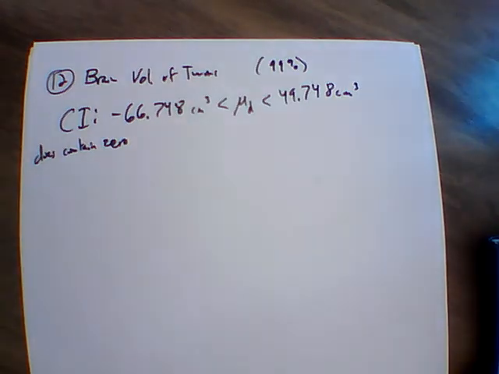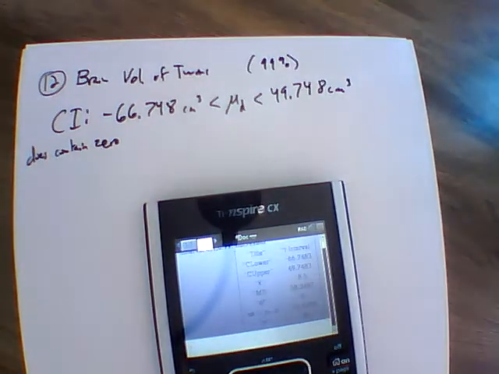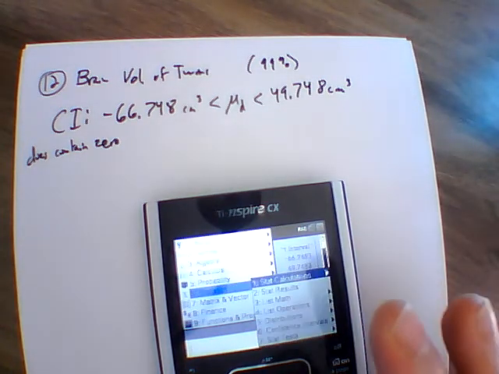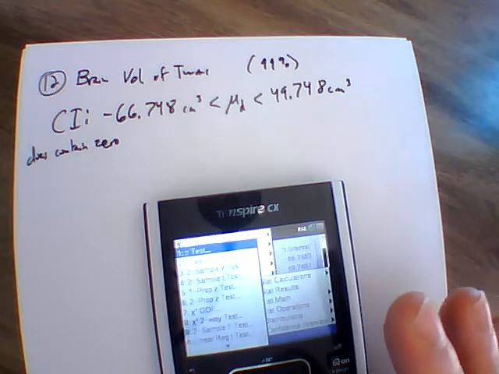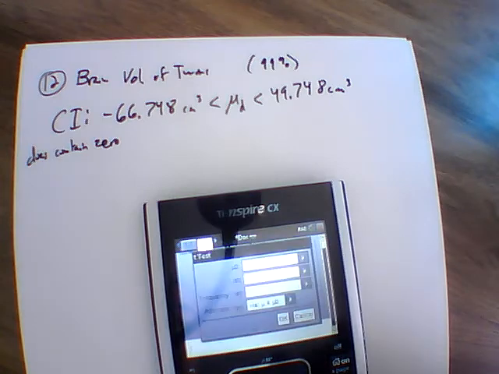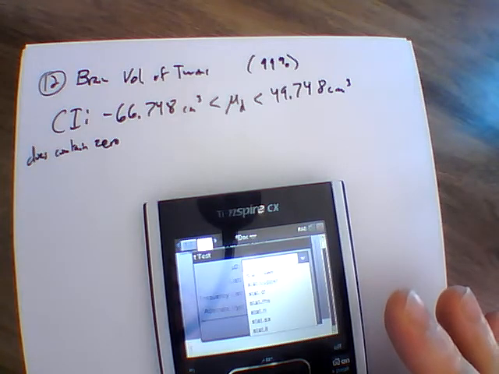Now, I'm just going to go through, and once again, we could use a hypothesis test on here. Within this hypothesis test, once again, we would go down to our statistics, our stat tests, and then we would run a t-test on here, once again using our list of data.